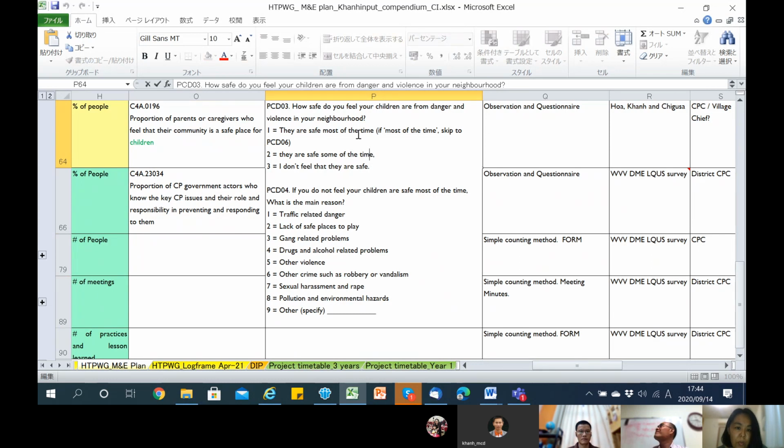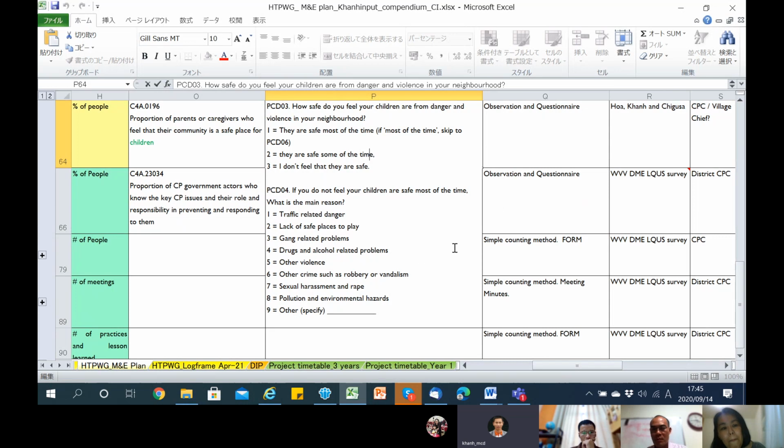They are safe most of the time. They are safe some of the time. I think we use the same indicator at the goal level or something. But the problem here, Chibu-san, is that we don't have the questionnaire for the community or for caregivers. Here we have only the questionnaire for children and for women.